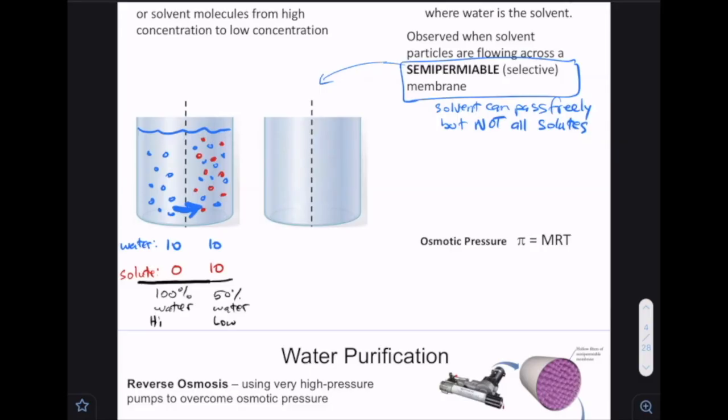So we're going to get this situation. Remember, those red particles couldn't pass through the membrane, so they're still there. But the water molecules can pass freely, and by this description, they're flowing down their concentration gradient. So now we're going to have fewer on this side and more on this side.